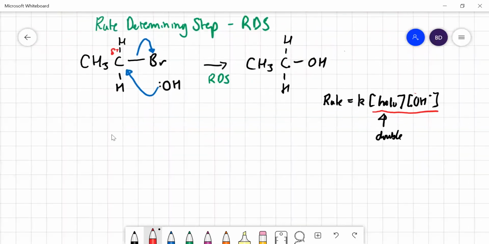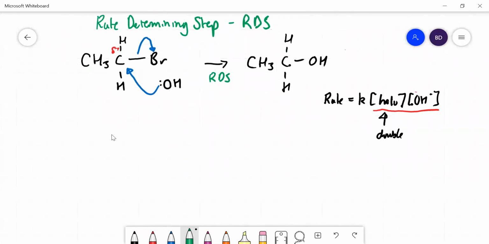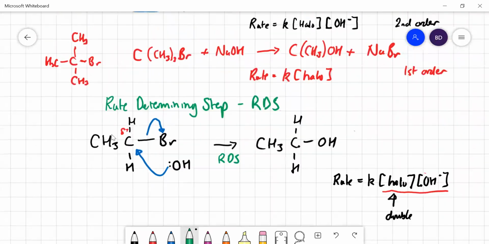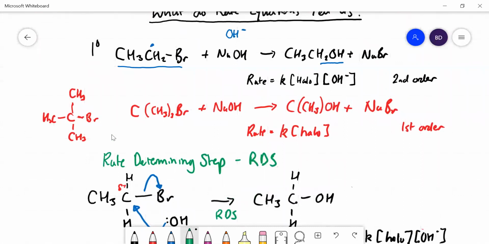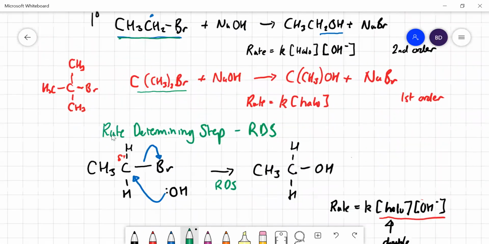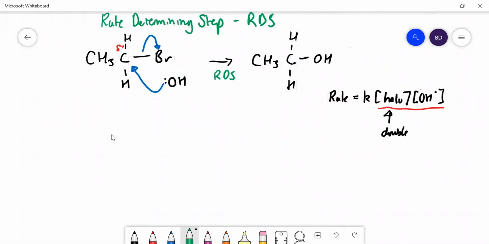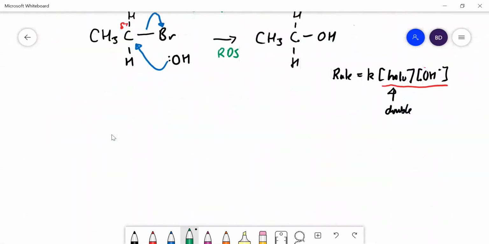Now that actually occurs through a different mechanism, and it's quite revealing that if you just looked at the rates of these reactions, this one with the primary is a lot slower, maybe 10, 20 times slower than this one here. And so it's evident if you just look at the overall speed that there's something different going on in those two reactions.